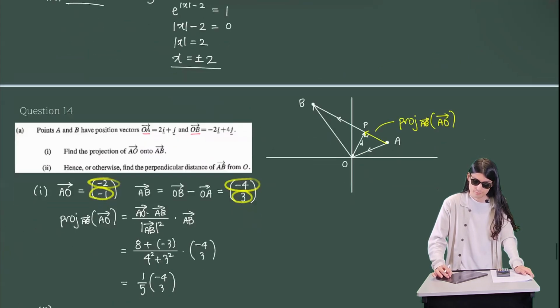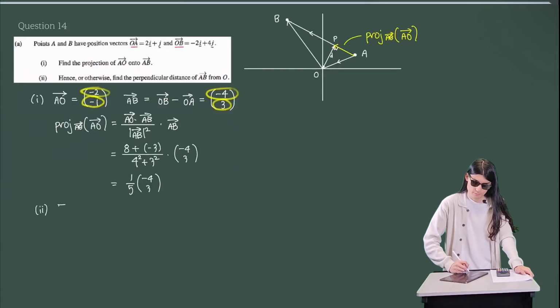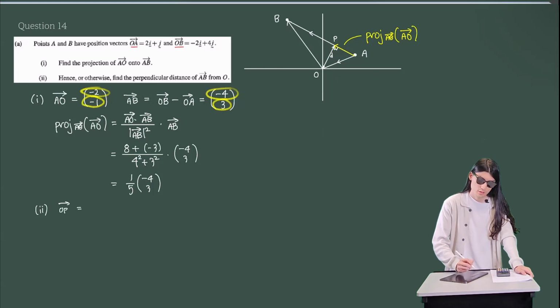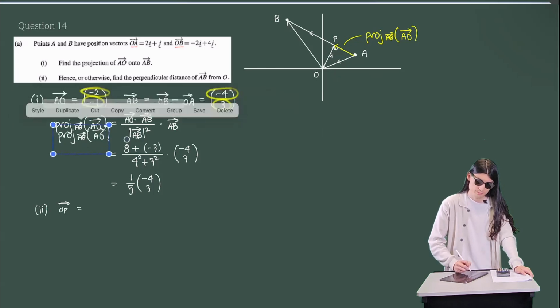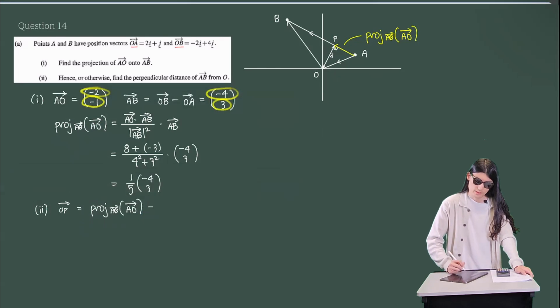And vector OP, using head minus tail, is going to be the vector AP, which I said is the projection, minus the vector AO, isn't it? So what?